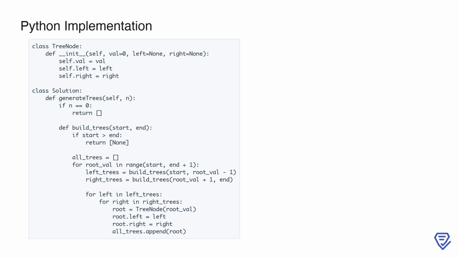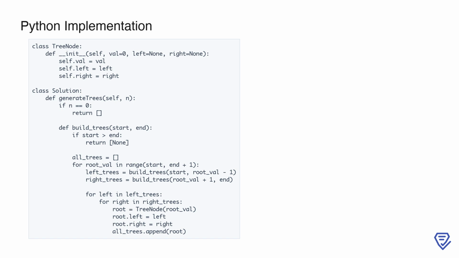The core of the implementation lies in the helper function build_trees, which recursively generates all possible unique BSTs within a given range, defined by start and end. If the start value exceeds the end value, it means we cannot form any valid tree for that range, so we return a list containing a single None value to indicate an empty subtree.